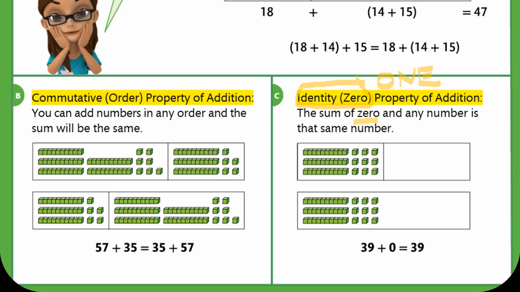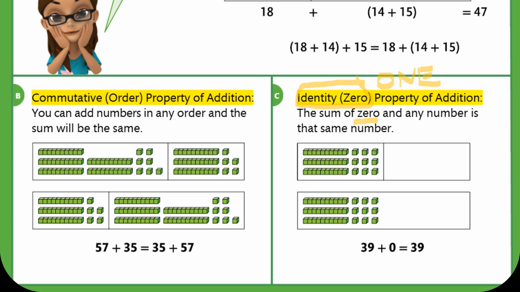If it's an identity property, that means that the other add-in plus 0 is going to be itself. It identifies as itself. 18 plus 0 equals 18. 39 plus 0 equals 39, okay? Whereas with multiplication, it would be 39 times 1 would equal 39. Does that make sense? If you're confused on that one, it's okay. Just remember that that's where it gets a little bit different, all right?